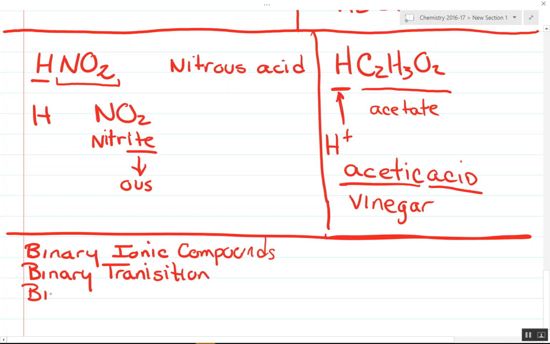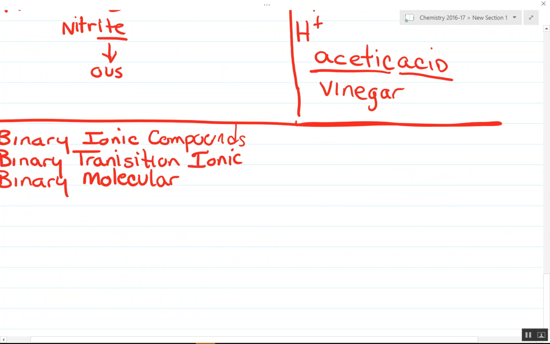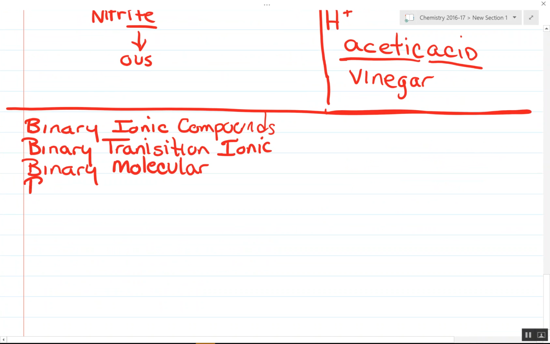We have binary molecular. Then we have polyatomic compounds. Do we have to memorize all of these or just only the highlighted ones?